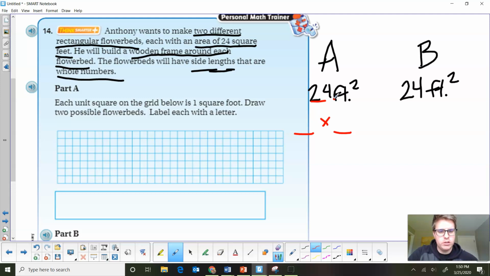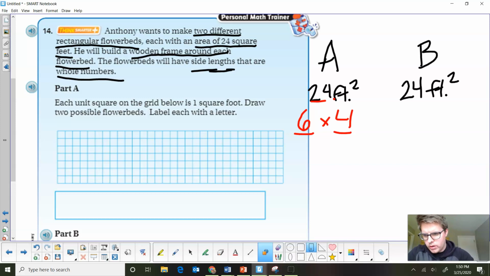What was that, fish? 6 times 4? Genius. Very good. 6 times 4. So let's draw 6 by 4. I'm going to use my shapes here. So I'm just going to start this one in the top corner. I've got 1, 2, 3, 4 down by 1, 2, 3, 4, 5, 6 wide.